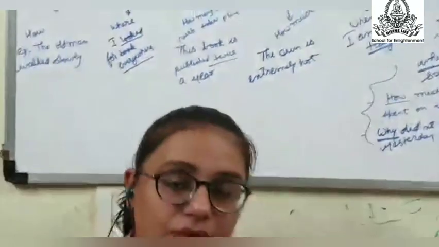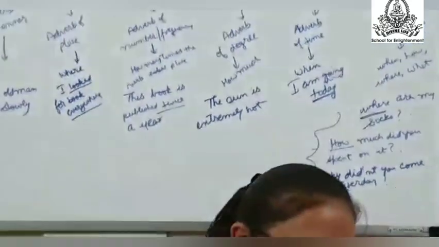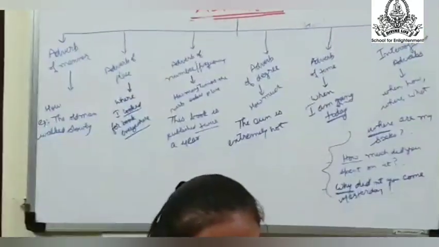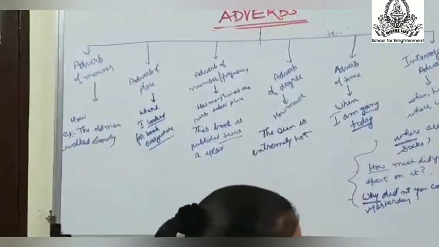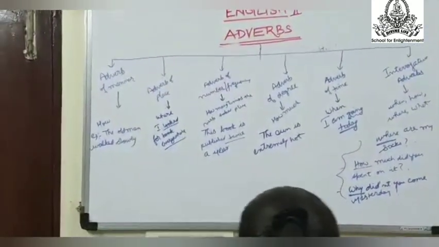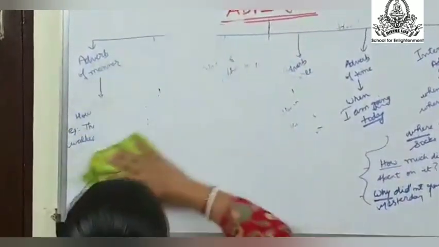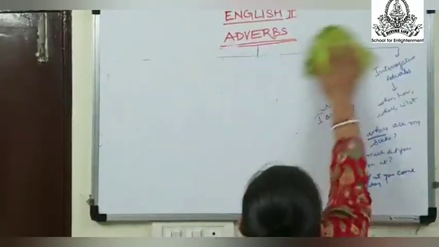We have discussed the exercise in class. Still, I would like to discuss a few fill in the blanks exercises. Coming down to exercise number 3 on page 54 in your textbook.